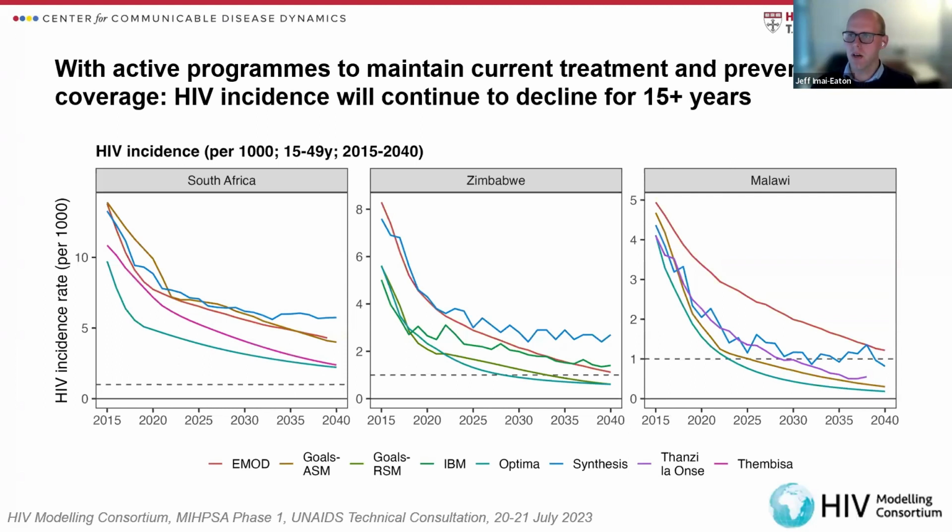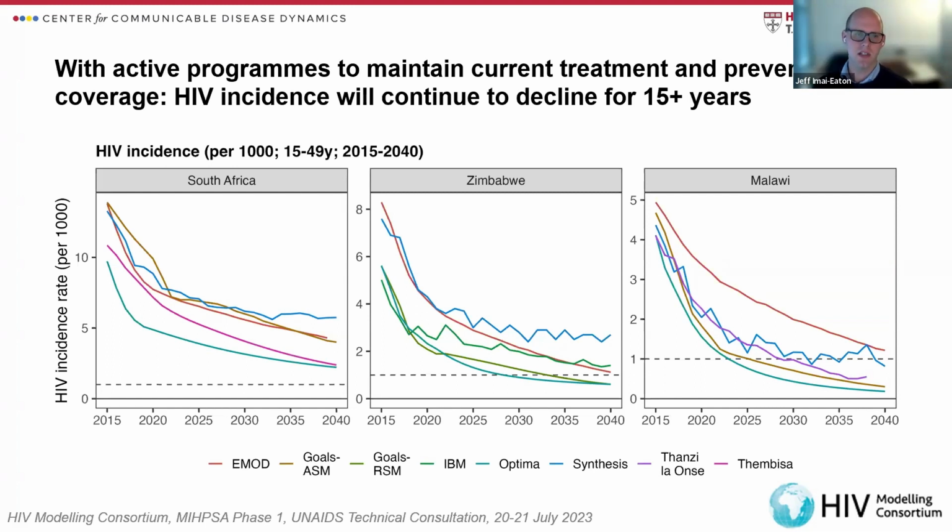So first, regarding future trajectories of the epidemic, this is work by the HIV Modeling Consortium, a collaboration of mathematical modelers and HIV programs in 3 countries, South Africa, Zimbabwe, and Malawi, that looked at, as a first step, projecting forward, if we maintain current levels of treatment coverage and viral suppression, as well as HIV prevention, how will new infections change in the future?